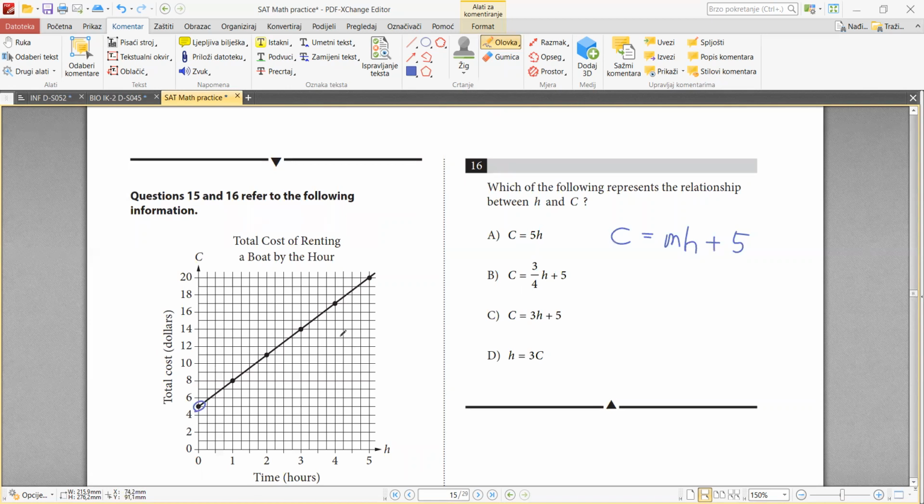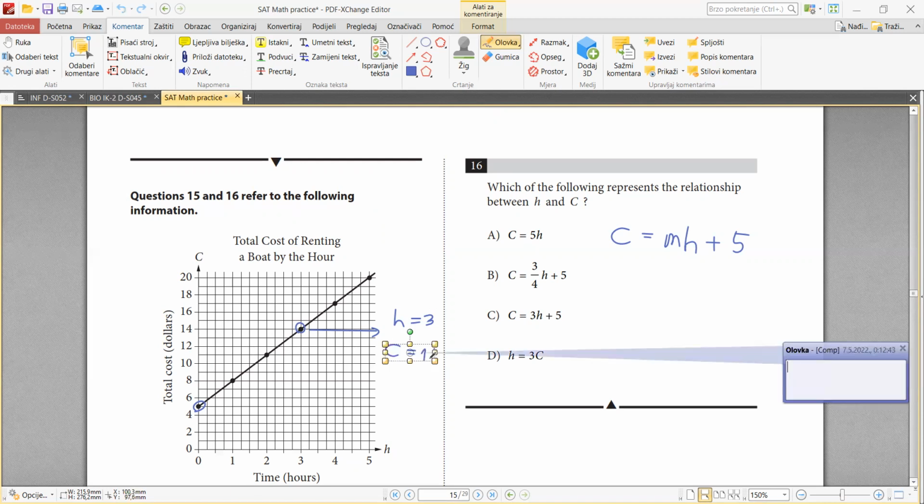And now we need another point from the graph. We'll take this point here. This point has coordinates. H equals 3 or 3 hours. And the cost is $14. C is 14.